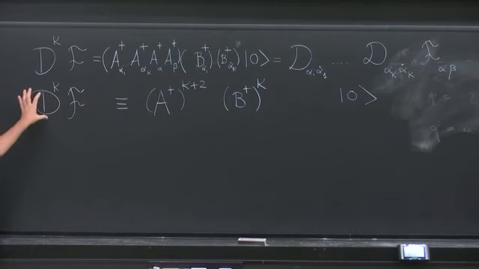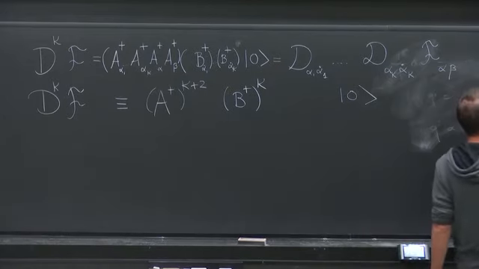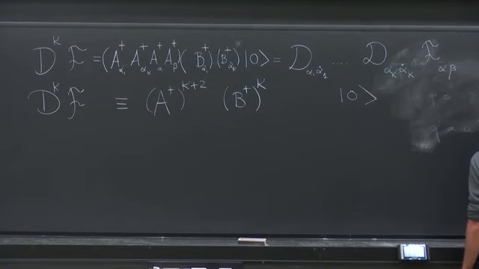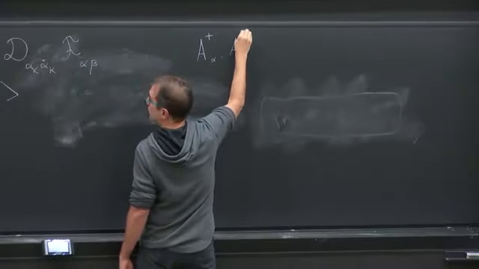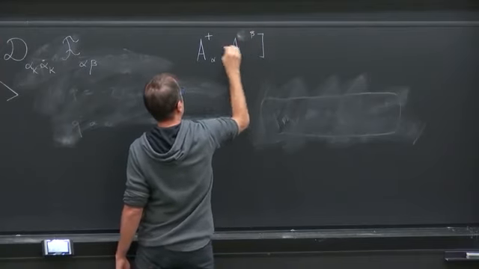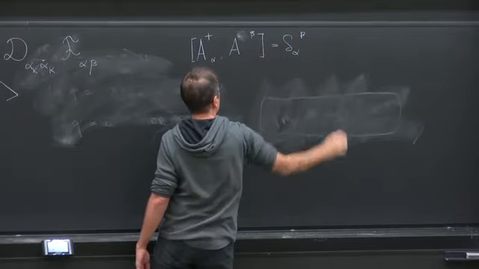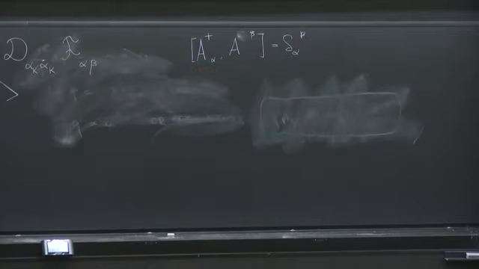So this is a compact notation to indicate the indices of this object, where these guys, a dagger and b dagger, are bosonic creation operators that obey an algebra, a dagger alpha, a beta, equal to epsilon alpha, and similarly for b.